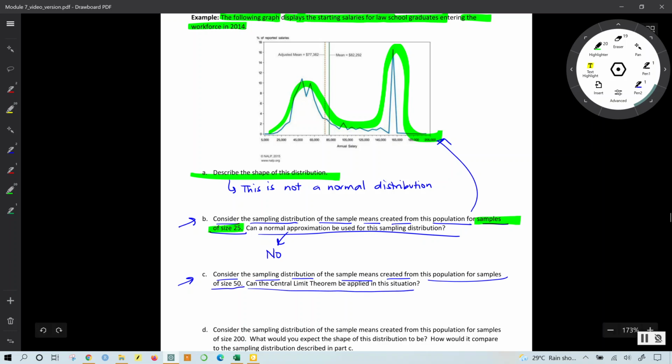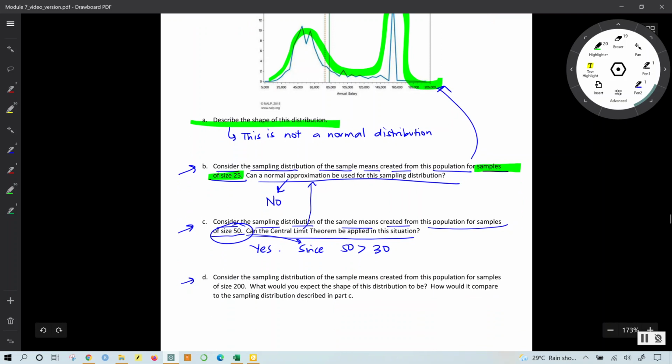The central limit theorem is simply saying, can you use the normal approximation? The correct answer here is yes. Why? The sample size is 50, and since 50 is greater than 30, we do have a large enough sample to use the normal approximation for this distribution.